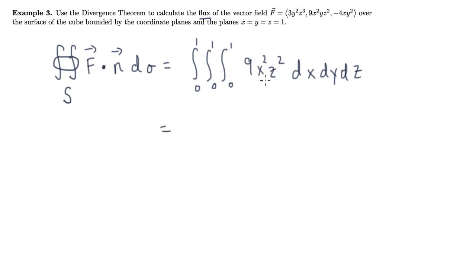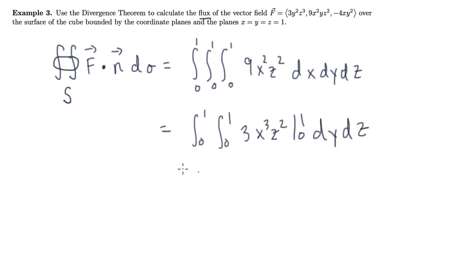This is just going to be x cubed over 3, so that's just going to leave me with 3x cubed z squared from 0 to 1, which is just 3. And then I integrate z squared, that just leaves me with 1 z cubed, evaluated from 0 to 1, but that's just 1.